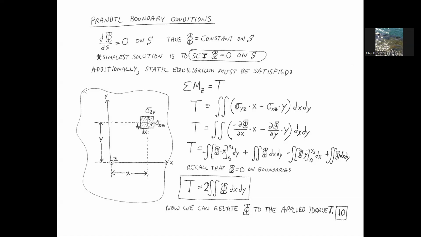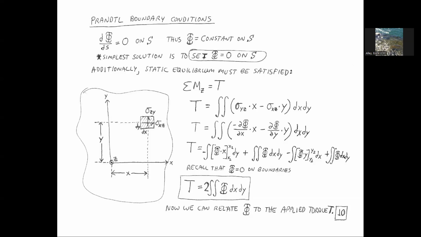First one and third one out of those 4 terms is gone, because we're setting phi equal to 0 on the boundary. So we catch a lucky break there, and what we're left with is 2 times this area integral of Prandtl. That's going to be equal to our torque. Not unlike the 2 A sub m times q that we got in the thin wall, right? Just 2 times some area integral.